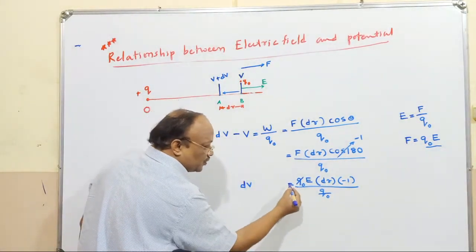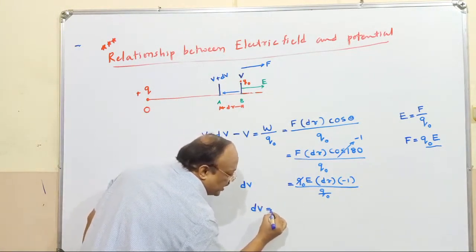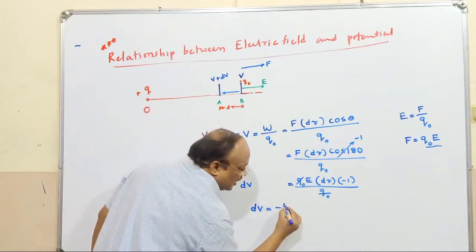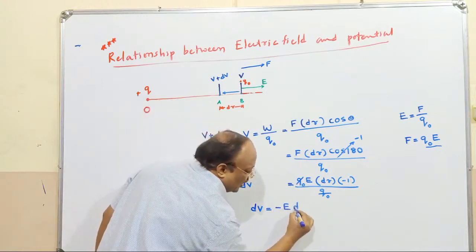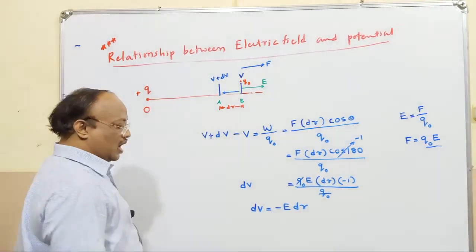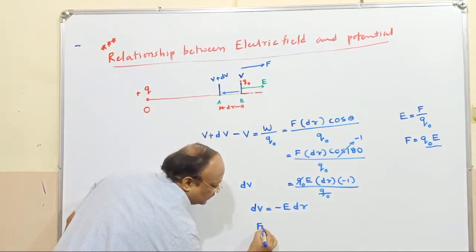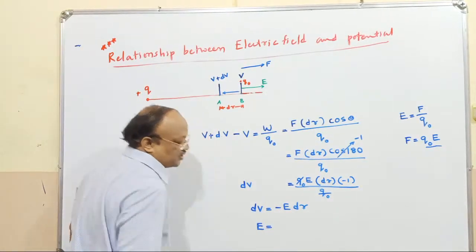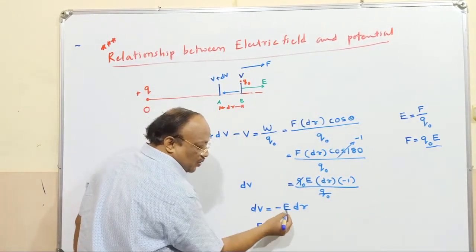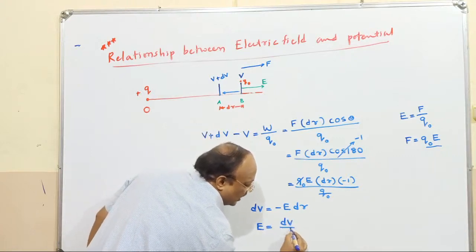So now this dV is equal to minus E into dr. I want the expression for E here. E is equal to minus dV by dr.